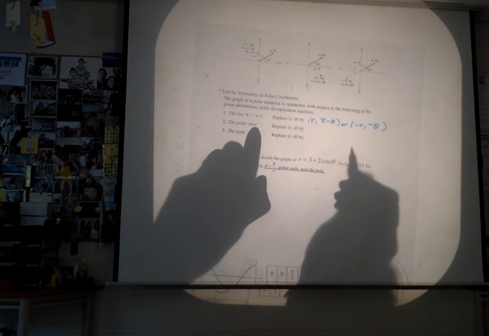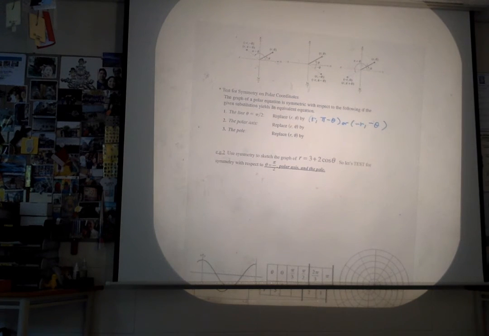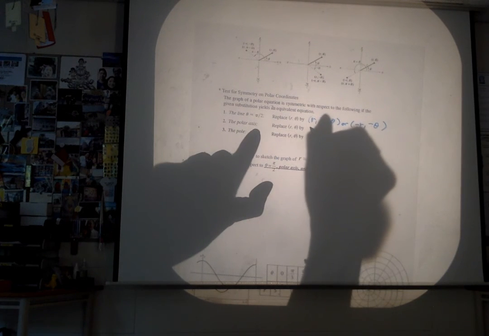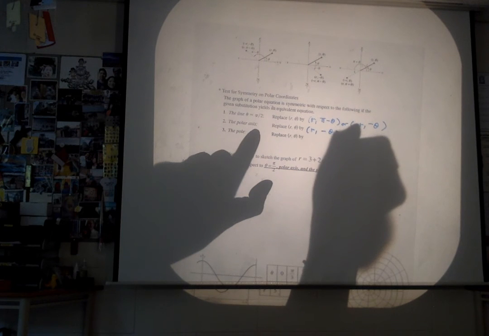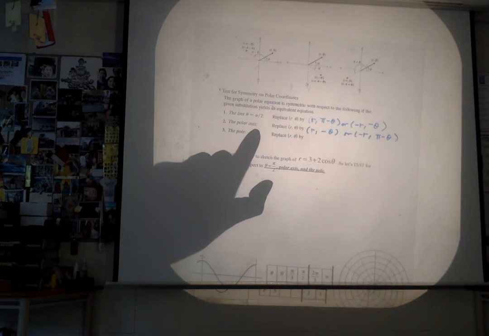This is what we'll ask you to do: prove that something is symmetric about the polar axis, the pole, or the line theta equals pi over 2. For the polar axis, it's (r, negative theta) or (negative r, pi minus theta).